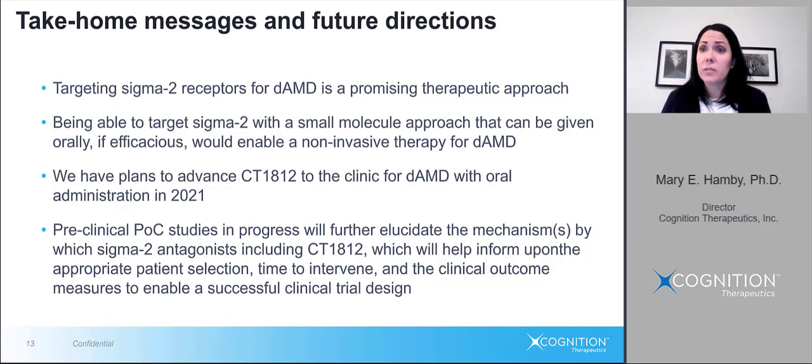We have plans to advance CT1812 to the clinic for dry AMD with an oral administration this year. And preclinical proof of concept studies in progress will further elucidate the mechanisms by which sigma-2 antagonists, including CT1812, will inform upon the appropriate patient selection, time to intervene, and the clinical outcome measures to enable a successful clinical trial design.